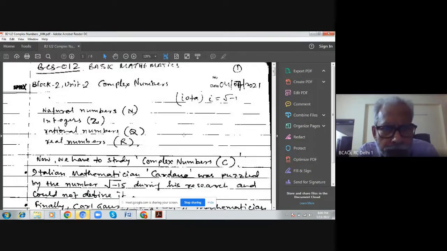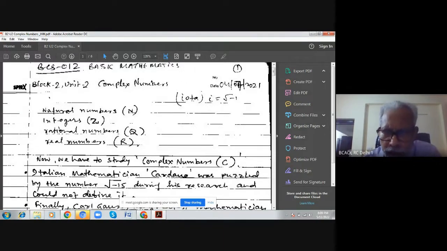In this unit, so far, I have given you some notation. Natural numbers are normally denoted by N, integers by Z, rational numbers by Q, and real numbers by R. Some of these things you should know.